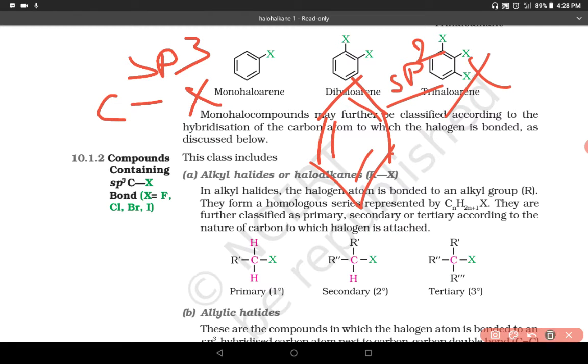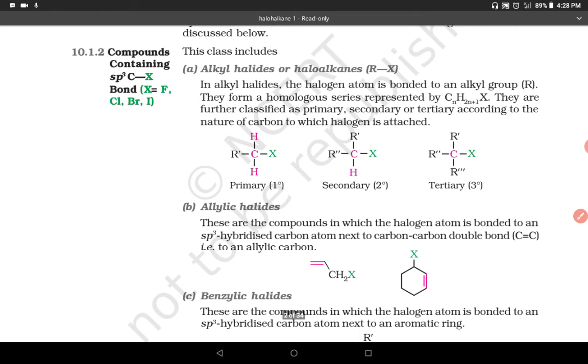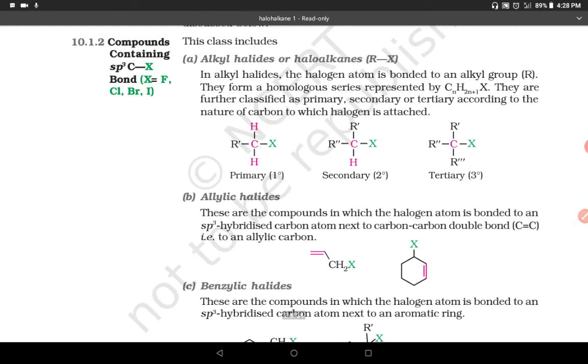This is already discussed. On that basis also we can classify.